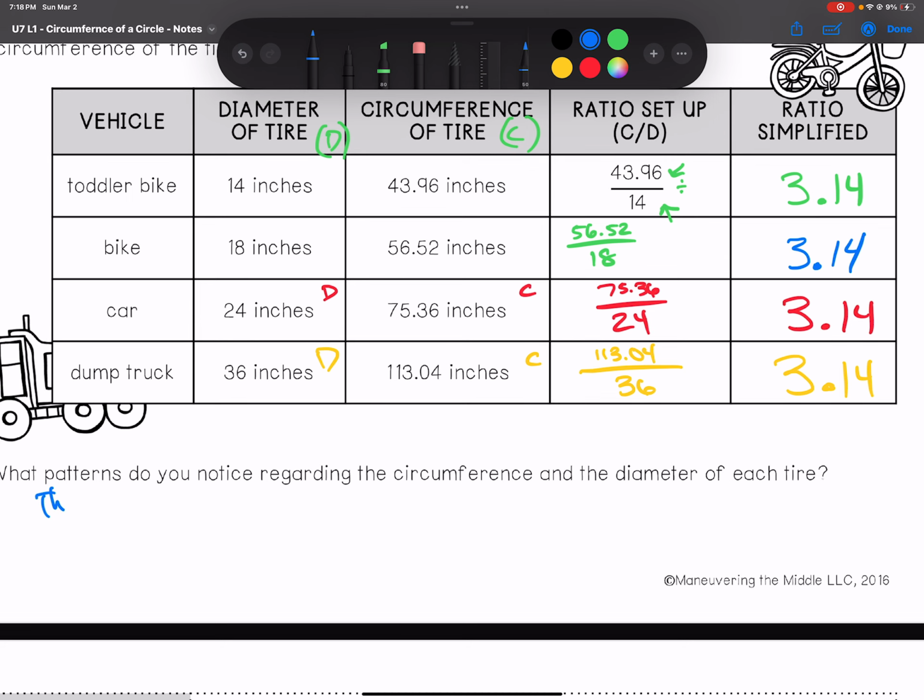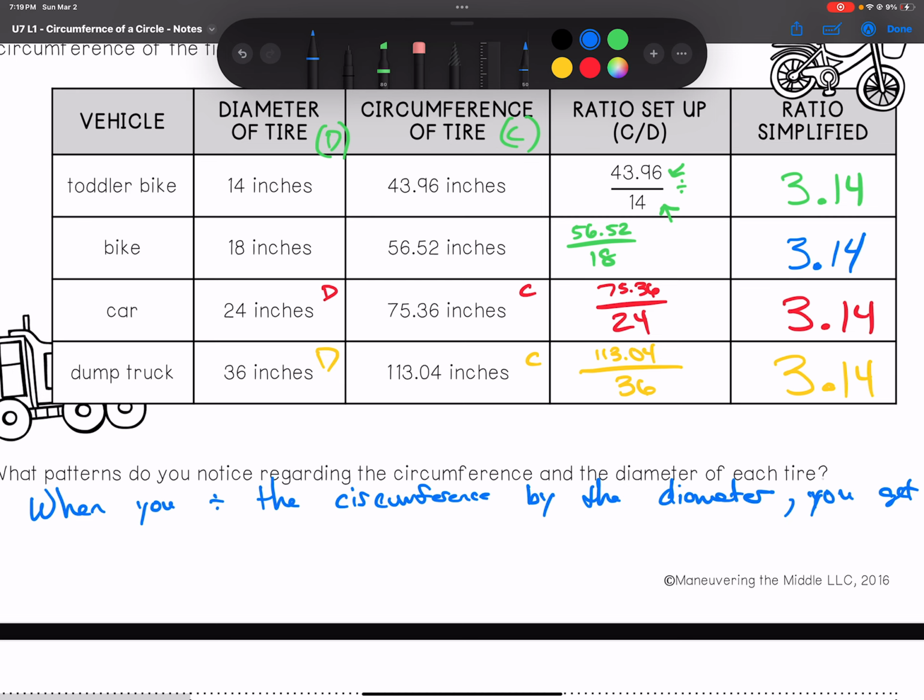When you divide the circumference by the diameter, you get approximately, because those were approximate, by the way, 3.14.